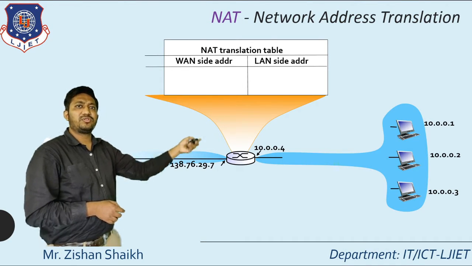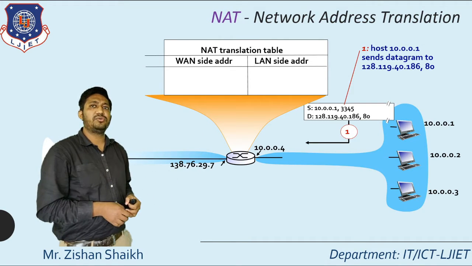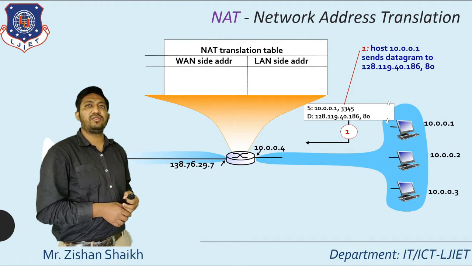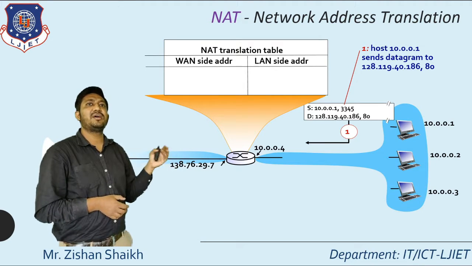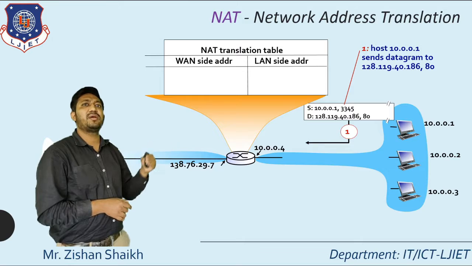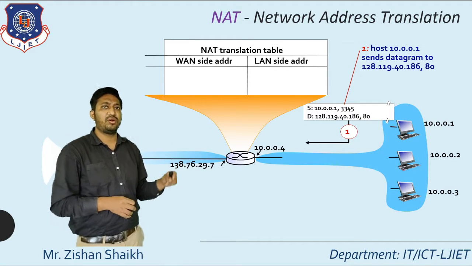Now suppose one of our devices with IP address 10.0.0.1 wants to communicate with the internet. That device makes a request as a host, having some IP address and its port number.